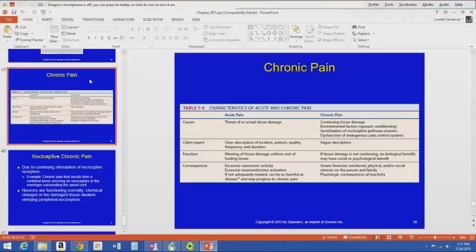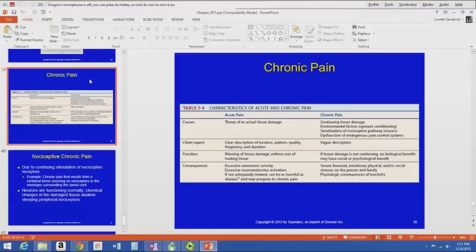The biological benefit of acute pain is that it warns you of tissue damage, or it makes you rest healing tissue. With chronic pain, there's no biological benefit, because if you don't have any more tissue damage, you don't need to rest it. But there may be a social or a psychological benefit. And there are some days when I'm working with chronic pain people that I feel more like a psychiatrist than a PTA. So there might be some social or psychological benefit to pain continuing with chronic pain.